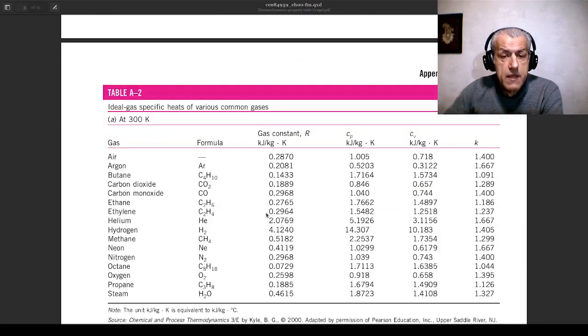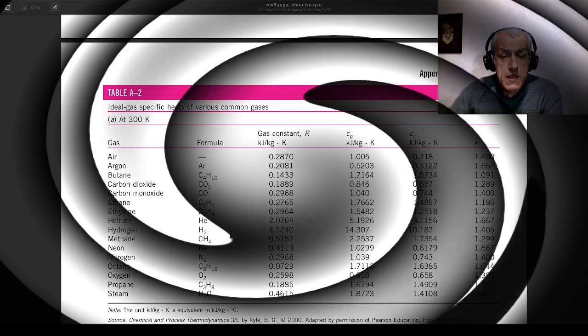There's also usually another table which, for the same gases, neon, nitrogen, oxygen, tells us R, which is the gas constant, Cp, which is the specific heat for constant pressure, Cv, specific heat for constant volume, and K. These are also given for individual components, and what we shall do is transfer these values to our table to have them all together in one place.